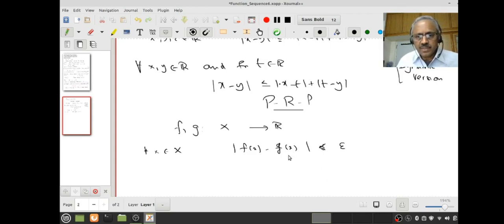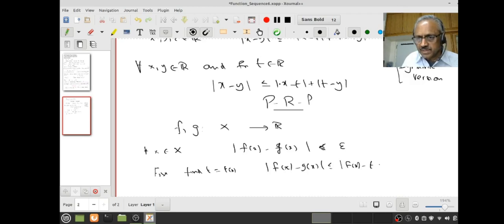Now you can try to use a t, but this is very crucial, please pay attention. What I am saying is this t can now depend on x also. So fix x, and for this x find a t, which will be t of x, depending upon x. Therefore mod f of x minus g of x is less than or equal to mod f of x minus t plus mod t minus g of x.